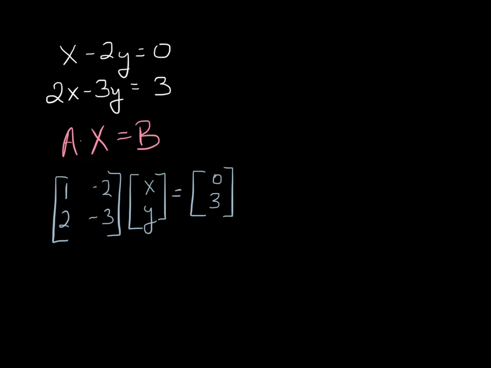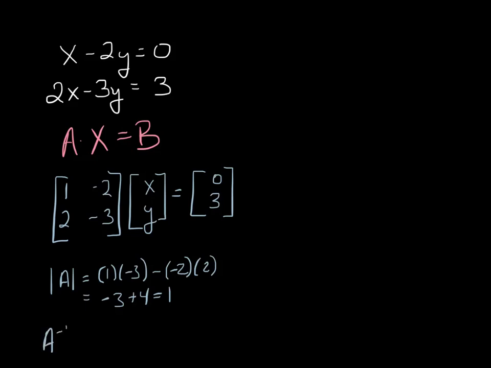Now the first thing that we need is the inverse of A. So for A inverse, we'd start with the determinant of A. The determinant of A is 1 times negative 3 minus negative 2 times 2. That is negative 3 plus 4, which is 1. That's very nice.